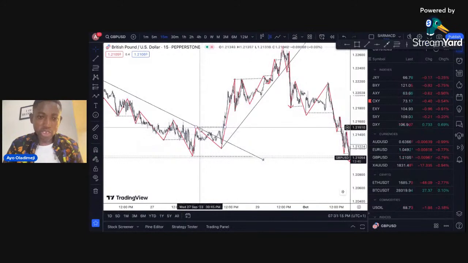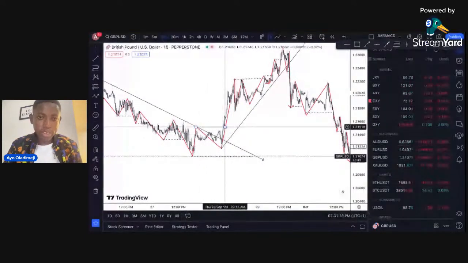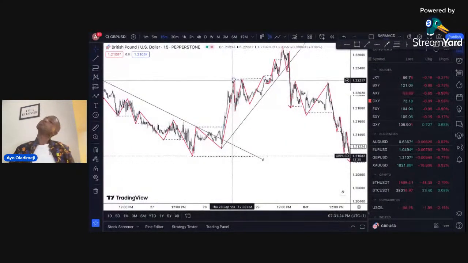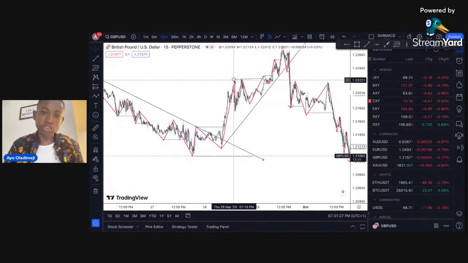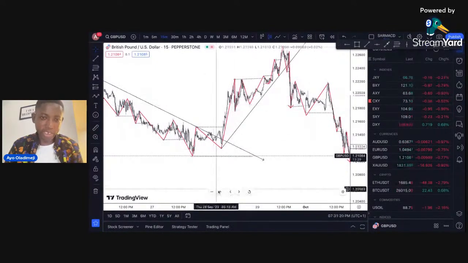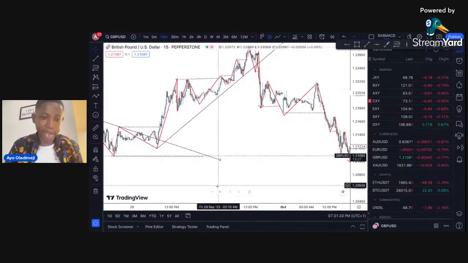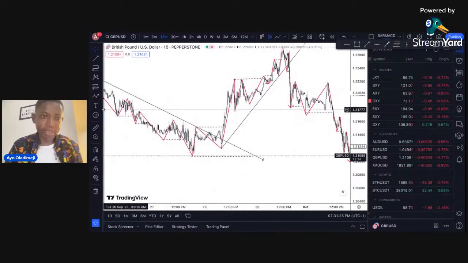The moment this high was broken, for you to buy, you're going to wait for this impulse move to be exhausted and wait for the pullback. Okay, it is at the pullback that you buy. Only buy at the pullbacks. Let me quickly put that one here.